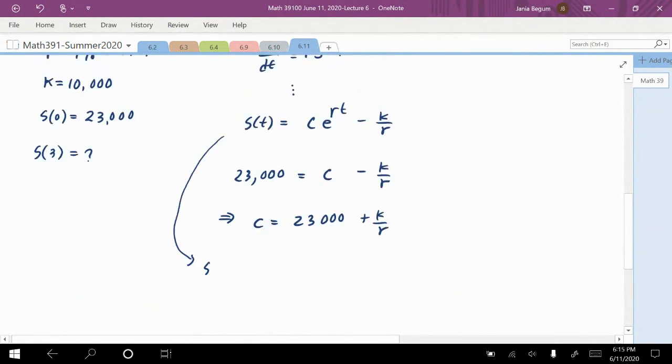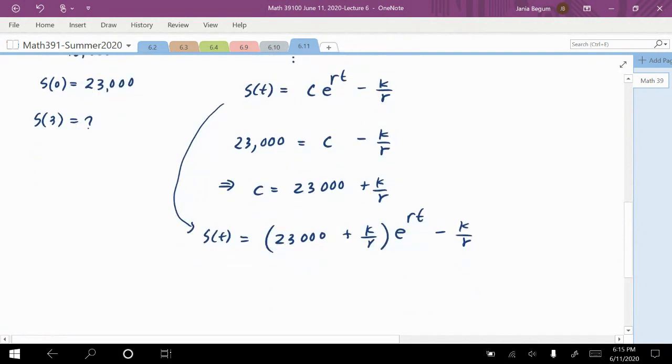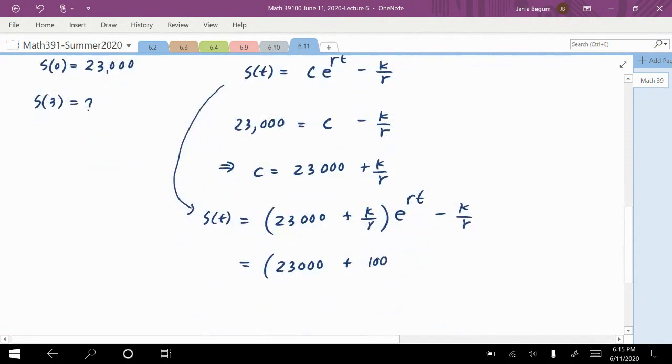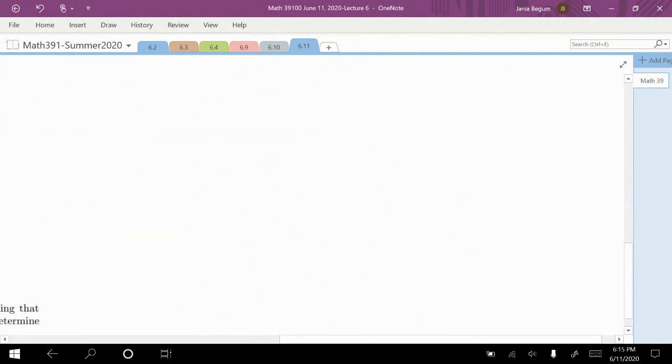So our formula is going to be now modified using C. S of t is going to be 23,000 plus k over r, times e to the rt, minus k over r. Now let's plug in r and k. We say k is 10,000 over r, that's 0.04, e to the rt.